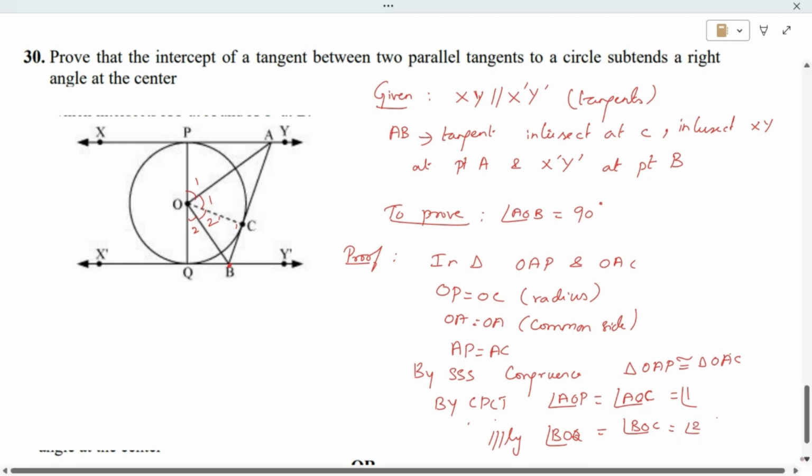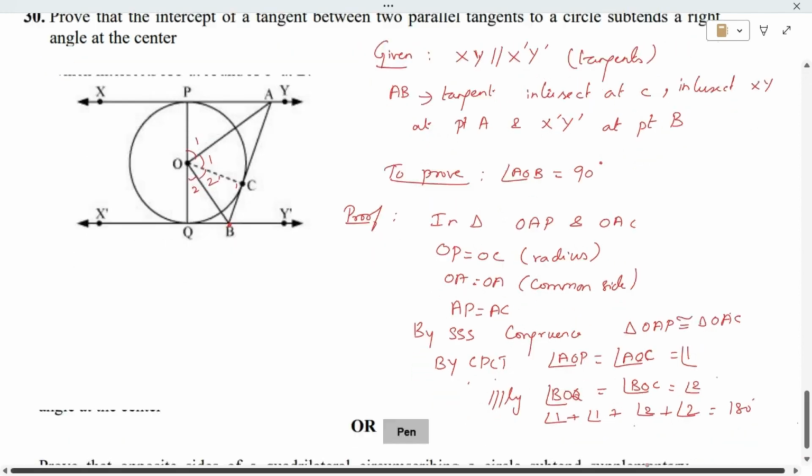Now add all these angles, so it will give you the angle on a straight line. POQ is a line, isn't it? So angle 1 plus angle 1 plus angle 2 plus angle 2 will make a straight line, that is equal to 180 degrees. So 2 times angle 1 plus angle 2 will be equal to 180 degrees, which implies angle 1 plus angle 2 is equal to 180 by 2, which is 90 degrees.